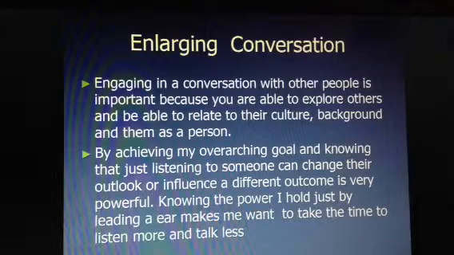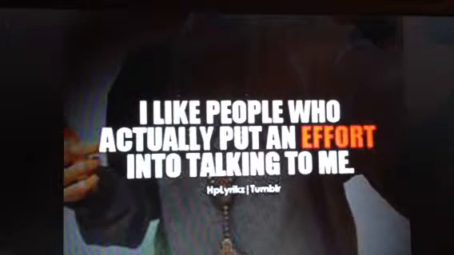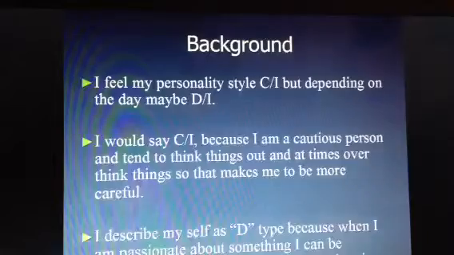By achieving my overarching goal and knowing that just listening to someone can change their outlook or influence a different outcome is very powerful. Knowing the power I hold just by lending an ear makes me want to take the time to listen more and talk less. I like people who actually put an effort into talking to me.